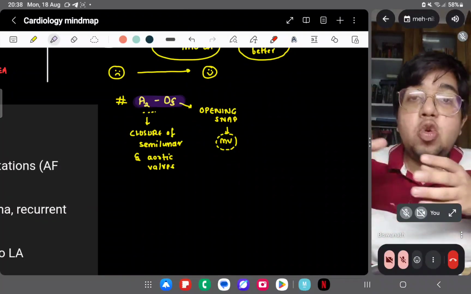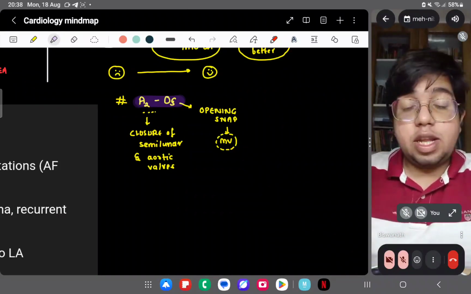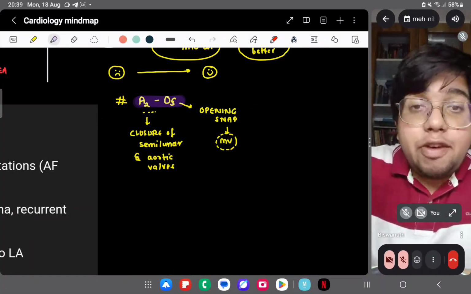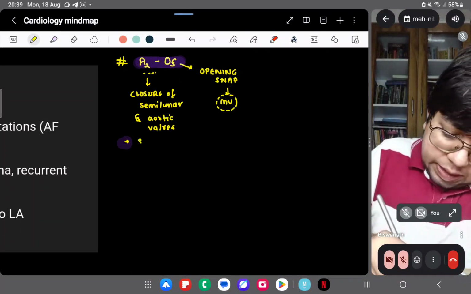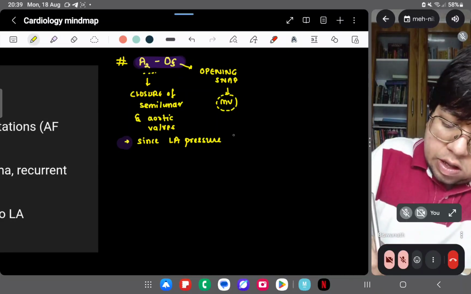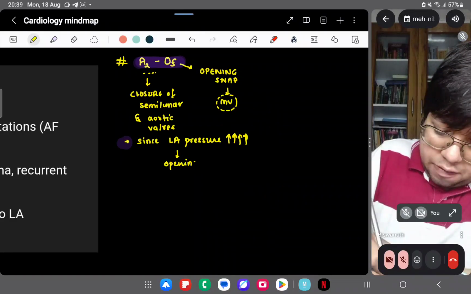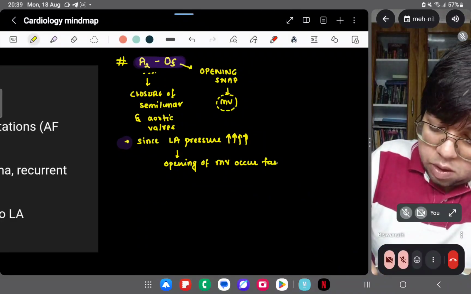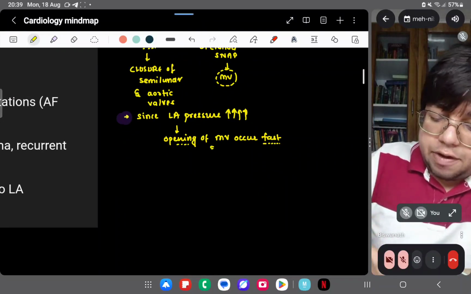The mitral valve will open very fast. Since the LA pressure is very, very high, the opening of the mitral valve will occur fast and earlier.